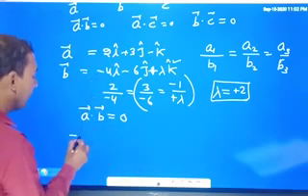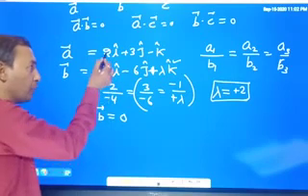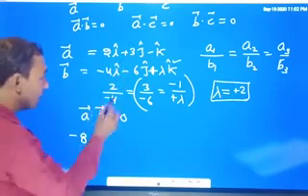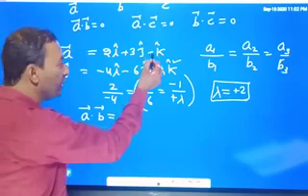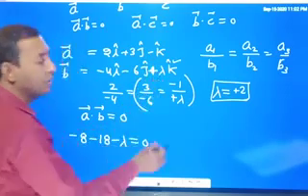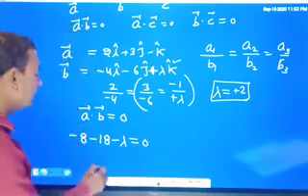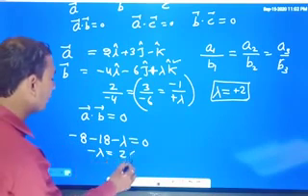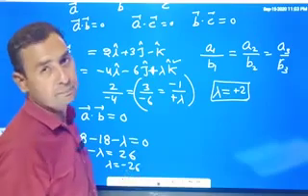So minus 8, coefficient of i cap multiplied with coefficient of i cap, then 2 is multiplied with minus 4, minus 8, plus 3 is multiplied with minus 6, means minus 18. And minus 1 is multiplied with plus lambda, minus lambda equal to 0. Then find the value of lambda. Minus lambda equal to 26. Then lambda equal to minus 26.